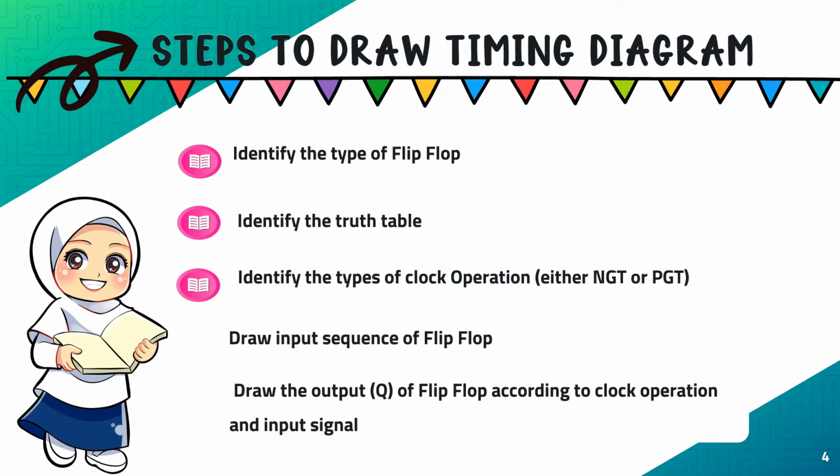Third, identify the type of clock operation, either negative edge transition or positive edge transition. Next, draw the input sequence of the flip-flop. Finally, we can completely draw the output of the flip-flop according to the clock operation and input signal.